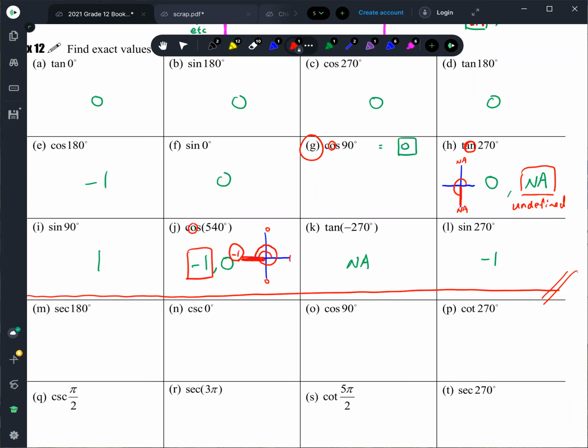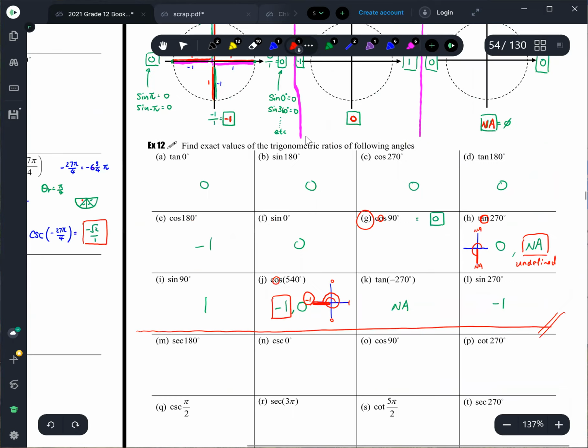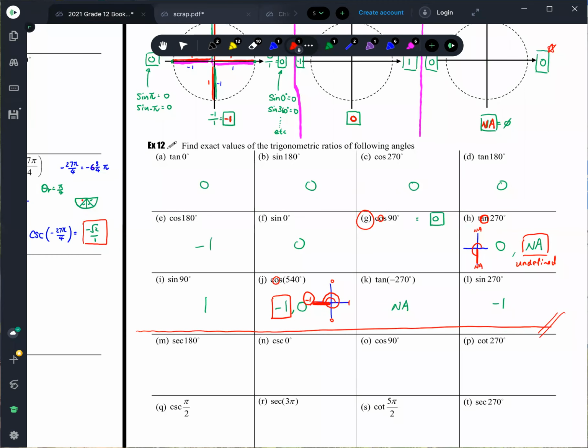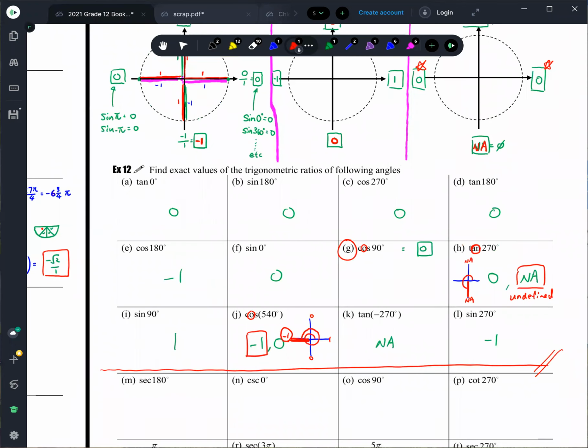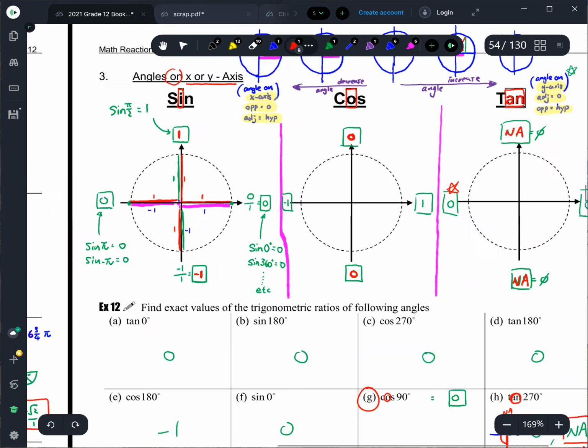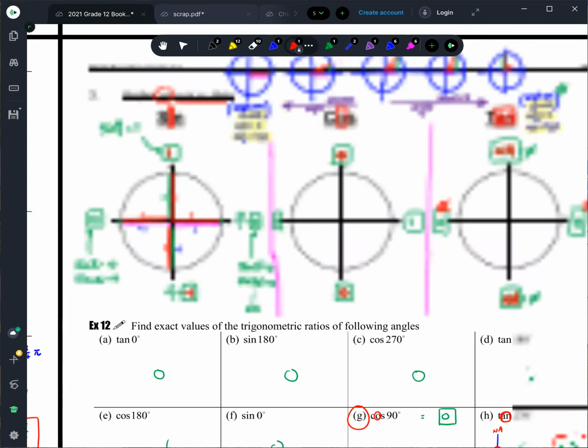Okay. Any question about the mistakes here? Okay, so we're going to go back up, because in grade 12, everything here you should actually have learned in grade 11, because it's just sine, cosine, and tangent. In grade 12, we add in cosecant, secant, and cotangent.